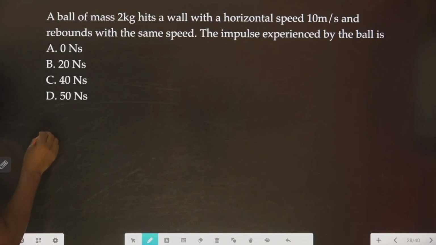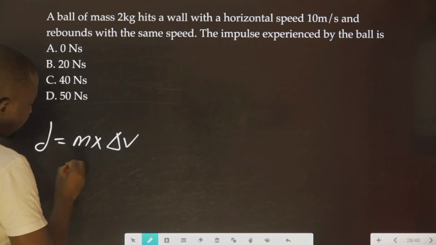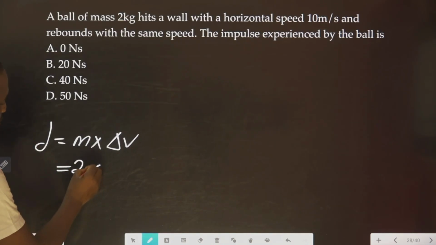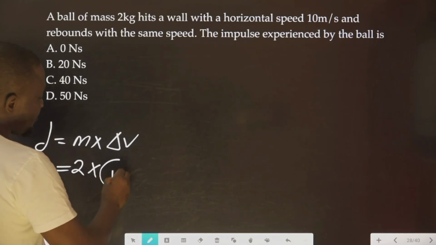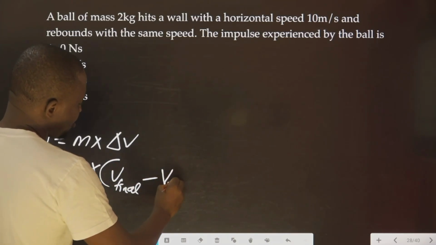What is impulse? Impulse is always mass multiplied by change in velocity. So what is the mass? The mass is 2 kg multiplied by the change in velocity. What is the change in velocity? To get the change in velocity, we have to say the final velocity minus the initial.